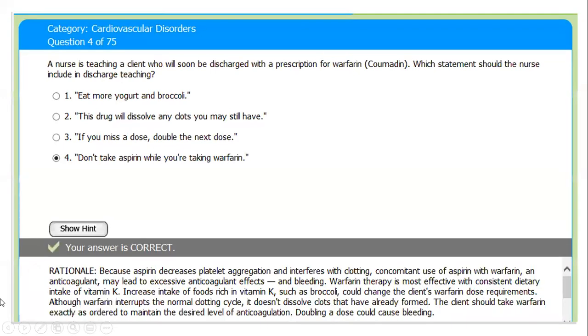What is the answer for this? It is what should be included in discharge teaching: four, don't take aspirin while you are taking warfarin. So drug-drug interaction is important to know.